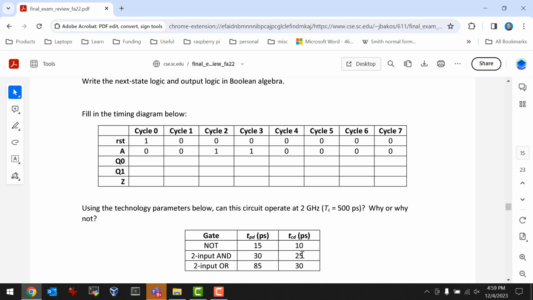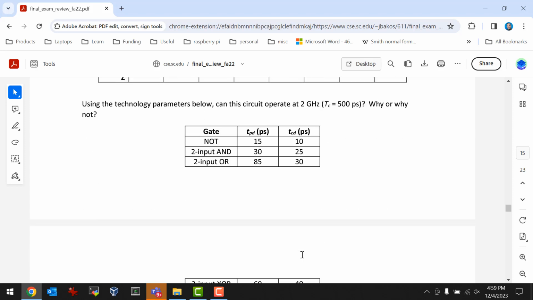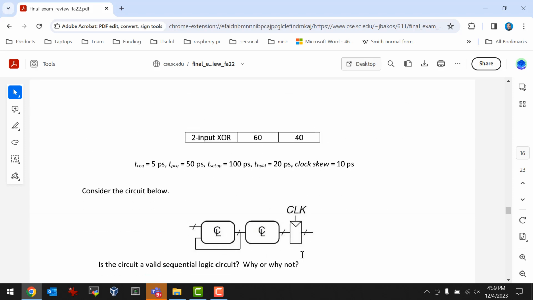And that has to be greater than the hold time. The hold time is 20 picoseconds, plus the skew. What's the skew? 10. And what's this one? 5. Okay, so basically 30 picoseconds has to be greater than 30.